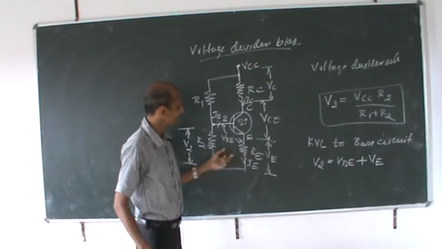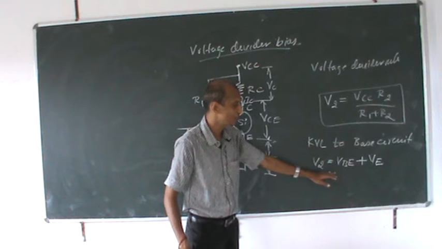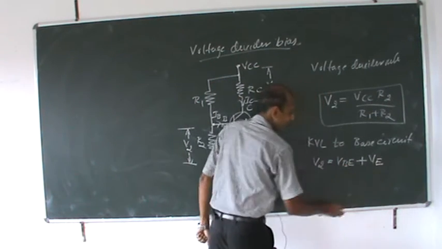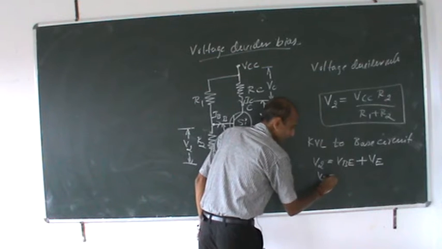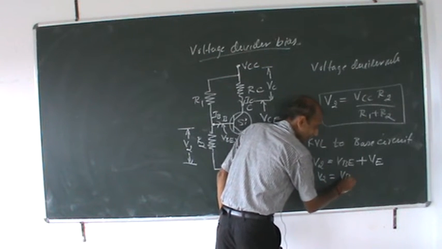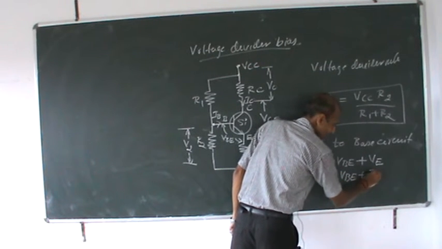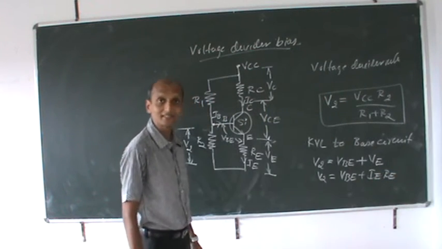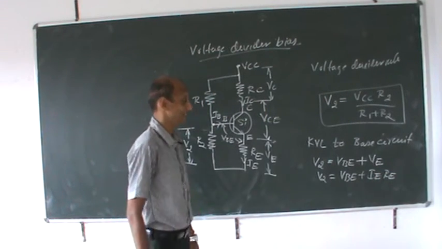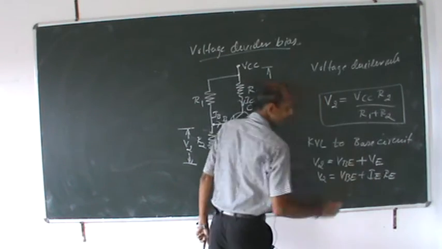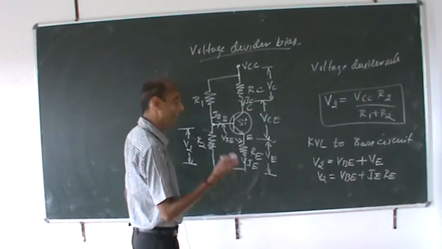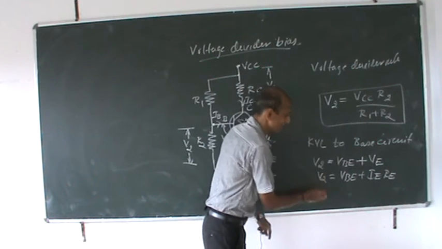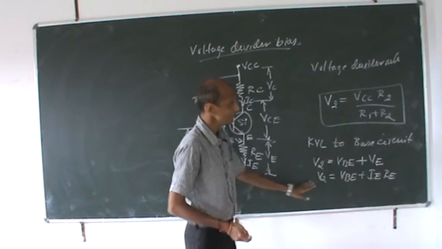So V2 is equal to VBE plus VE, and I can write VE as IE RE, so V2 is equal to VBE plus IE RE. Fine? Yes.